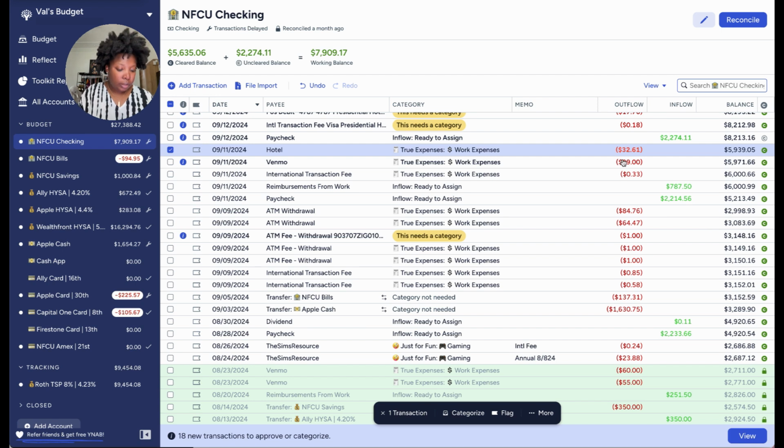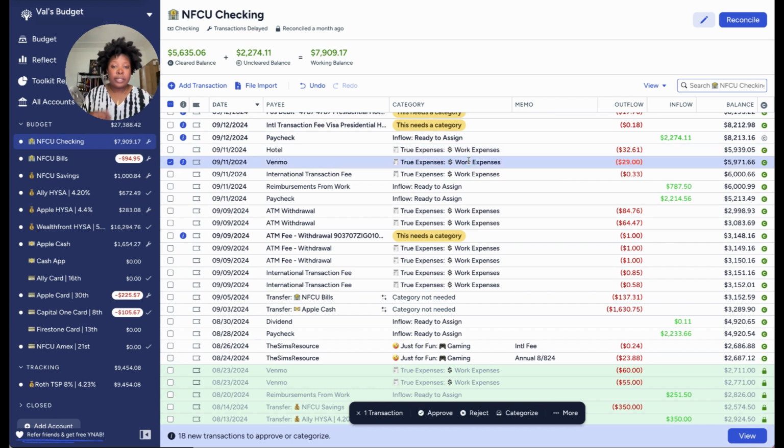And then I had a Venmo because I had to reimburse someone for the ATM, since the ATM was not working for me, which is why I had to swipe multiple times. She was trying to figure it out, so someone else was able to use their card at that ATM, they took out money for me, and then I just paid them back.